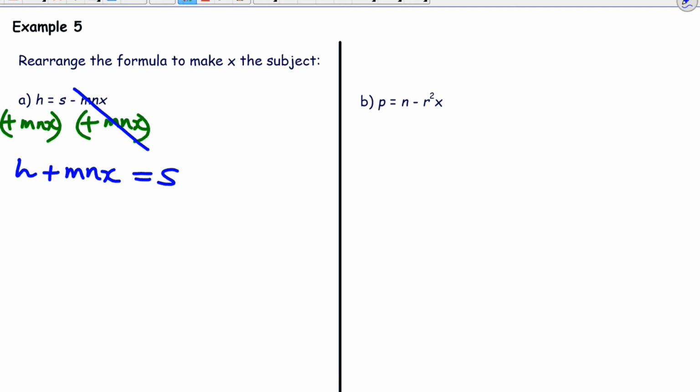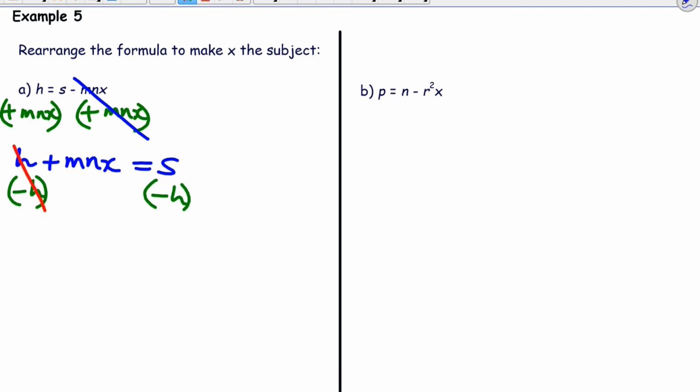And then we need to subtract h from each side. So subtract h from each side. h minus h, that will be equal to 0. So you'll be left with mn and x is equal to s minus h.